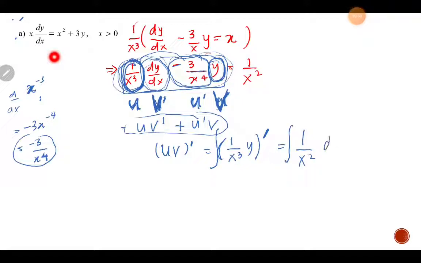So yang ni definitely akan jadi dx. Okay, yang ni akan jadi dx sebabnya y prime ni dia adalah dx lah. Okay, dia adalah dx. So, kita punya ni, kita bawa dx ni, kita bawa lah ke belah kanan.